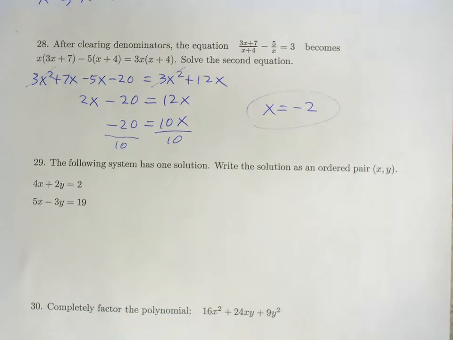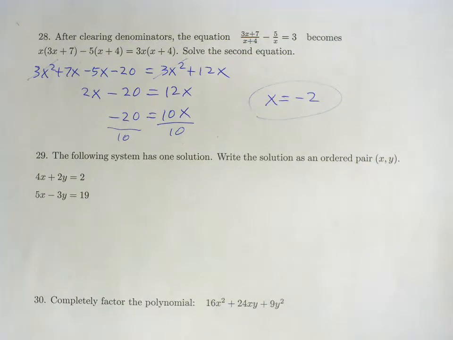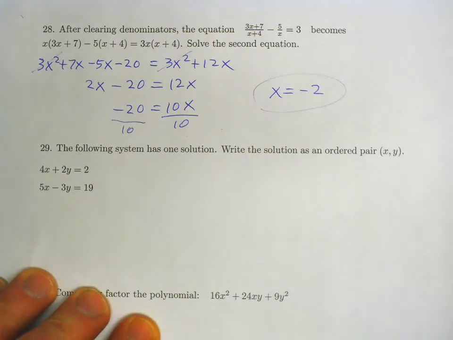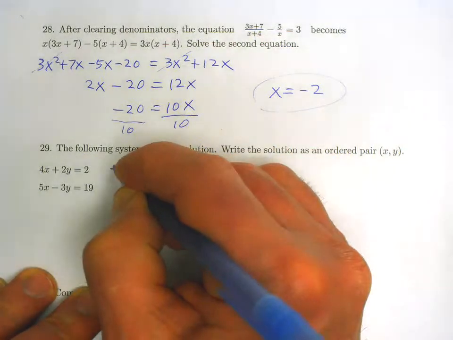Okay, number 29, a system of two linear equations. Solve the system. The two practical algebraic methods are to solve by substitution, or the other one is elimination. So you could use either method. So how about if I use substitution?